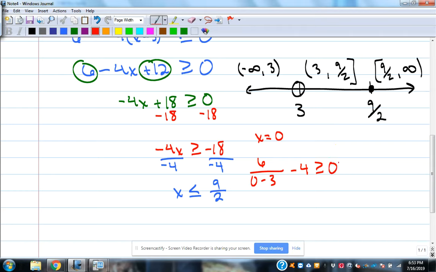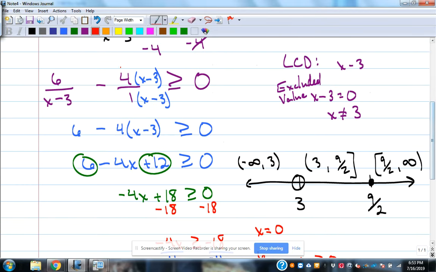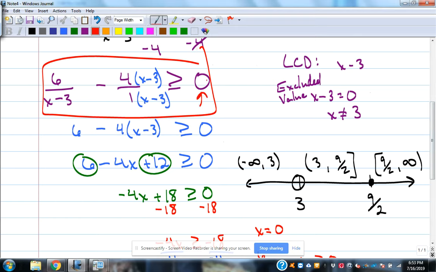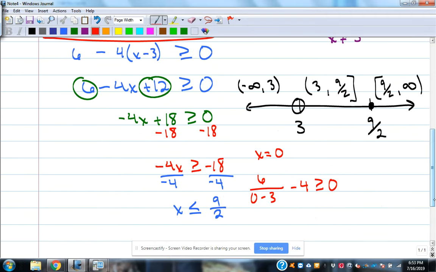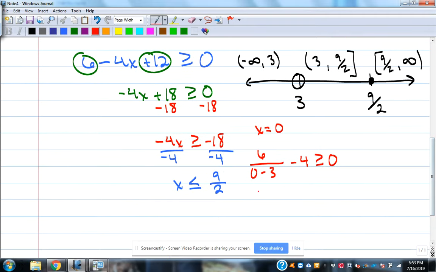Because I'm going up here to this inequality that I made, because it's easy to compare to 0 instead of comparing to 4. So 6 over negative 3 would be negative 2 minus 4. That's negative 6, right? Is that greater than or equal to 0?